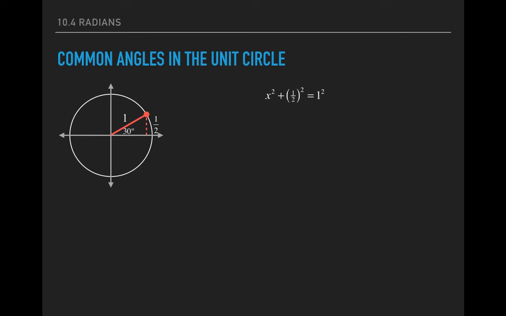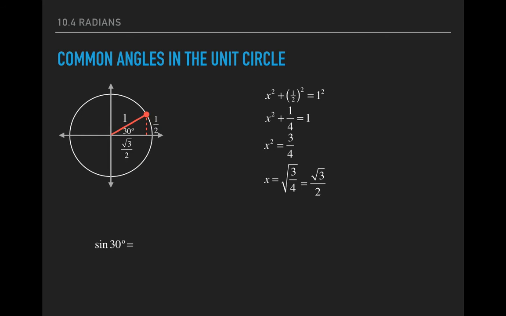We're looking for that third side, knowing that the hypotenuse is 1 and the short side is just half of that. So we'll go ahead and square, and then we'll subtract 1/4 from each side, so that'll give us 3/4. Take the square root like we did before, and that means take the root of the numerator and denominator. And there you have it. That side will be the square root of 3 over 2. That will be its measure.